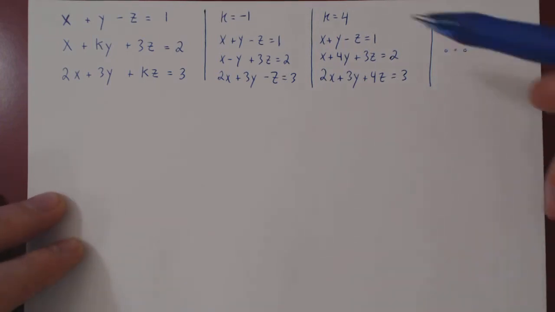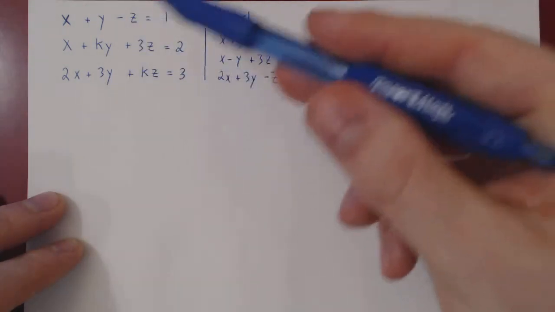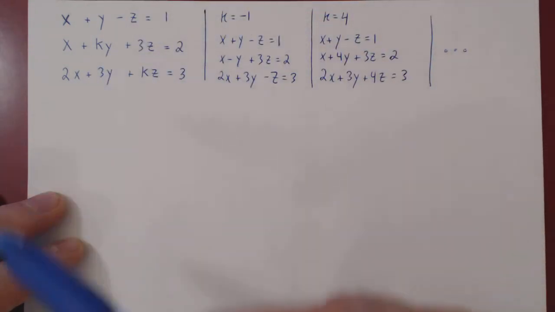To do this, we have to try and row reduce the linear system, keeping k as a parameter, and keeping in mind two things. Which variables are free, which variables are leading, and then we have to watch for possible inconsistencies. That is, when there is a row of zero coefficients and a non-zero constant.